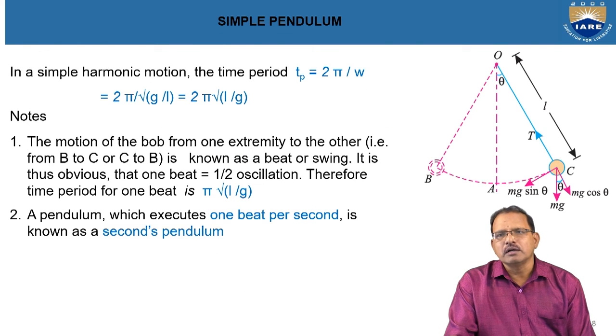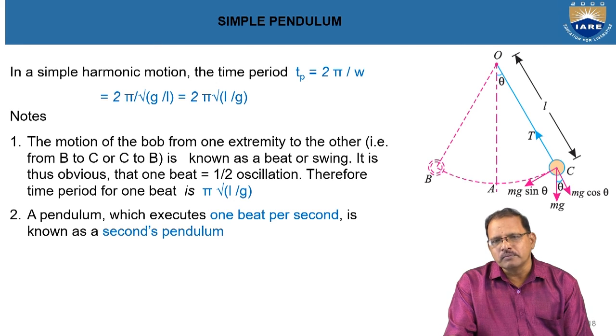So in simple harmonic motion, the time period is given by 2 pi by omega, where omega represents the angular velocity of the vibrating system.